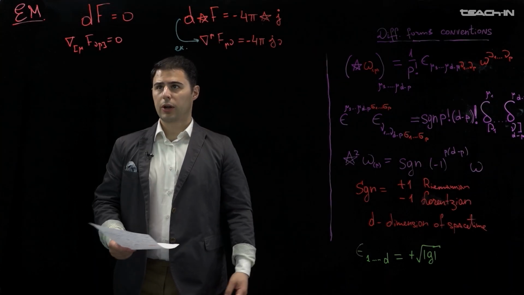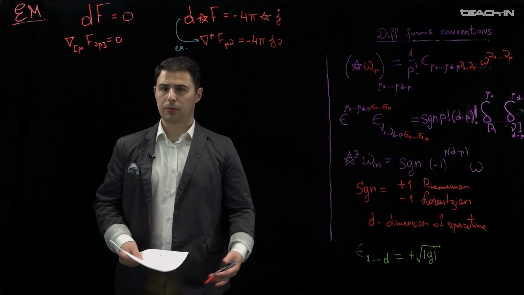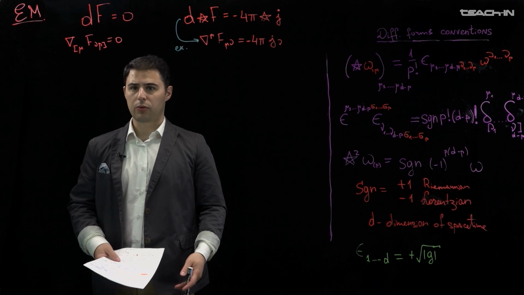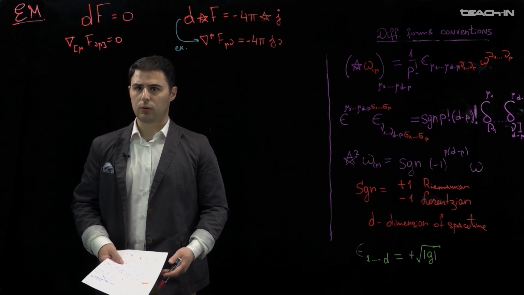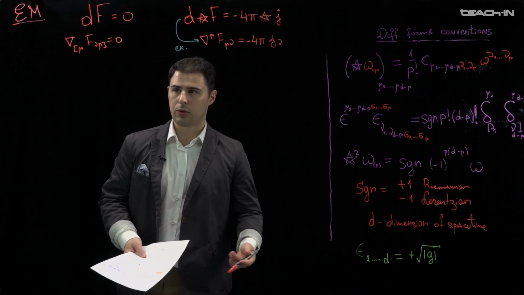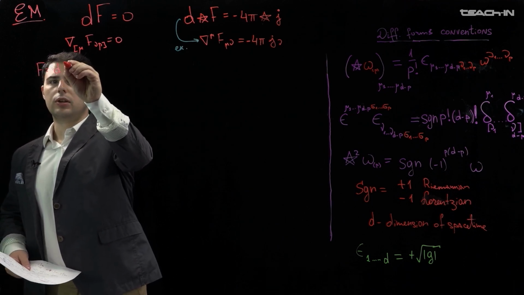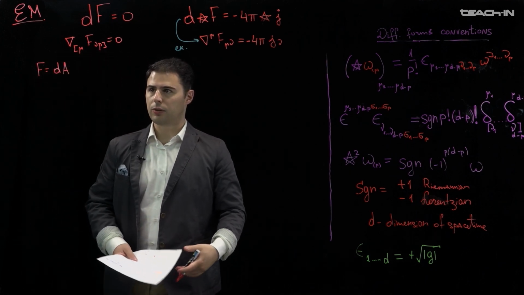So the Bianchi identity tells us that F is a closed form, and by the Poincare lemma from differential geometry, every closed form is locally exact. So locally there exists a one-form A, which is the electromagnetic potential of the electromagnetic field.